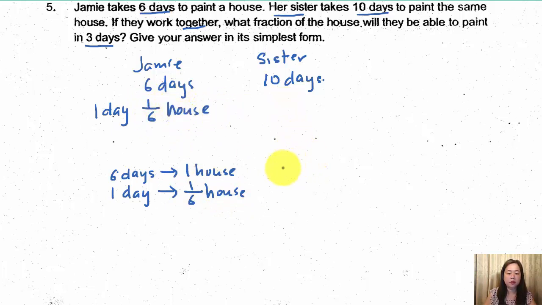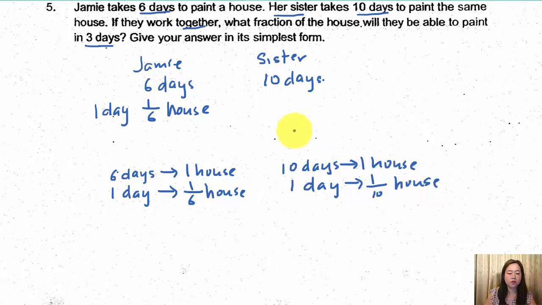And here, 10 days, the sister will be able to paint one house. So in 1 day, the sister will be able to paint 1/10 of the house.